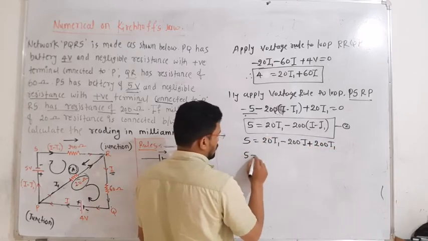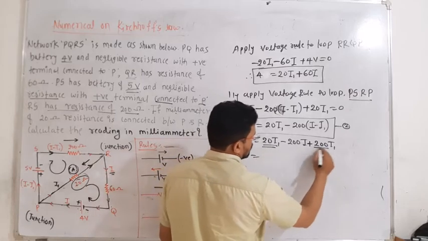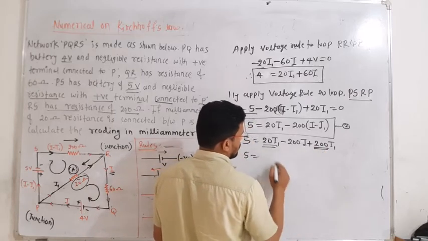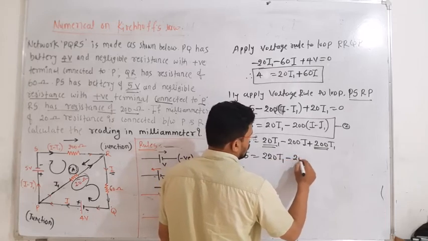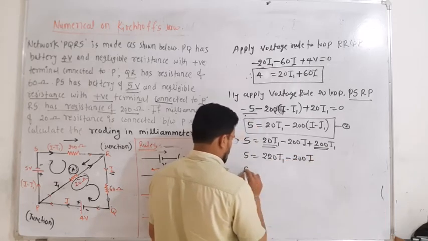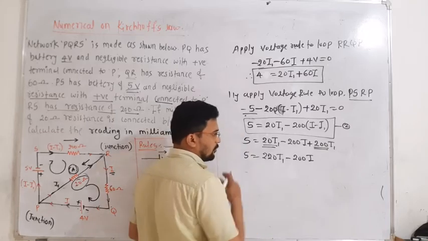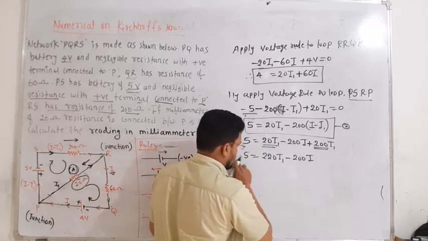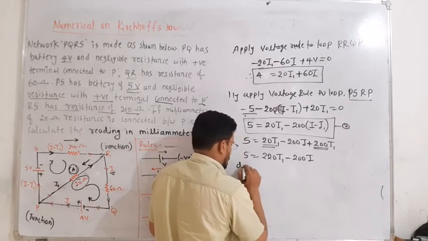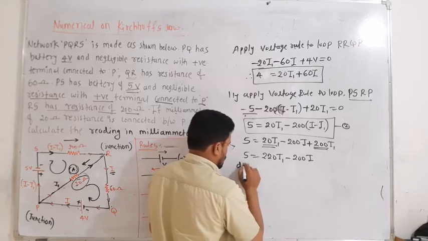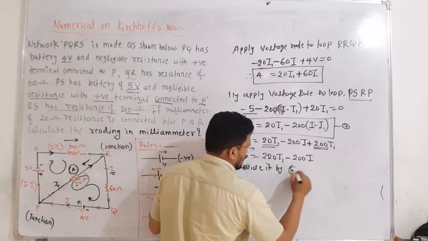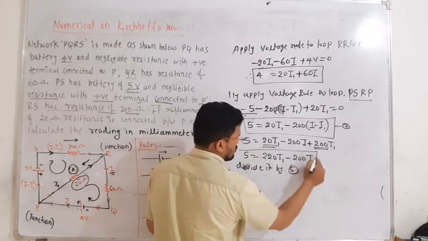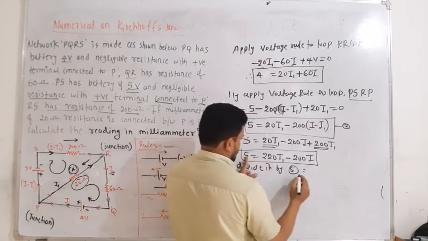So 5 is equal to 20 plus 200I1, which becomes 220I1 minus 200I. Therefore, take out the common 5. I will divide this whole equation by 5.